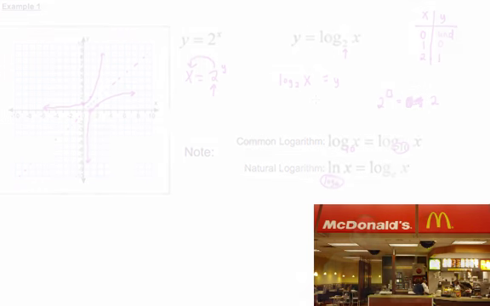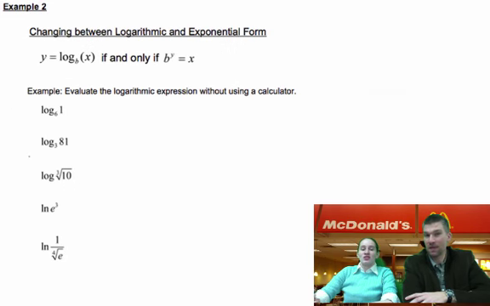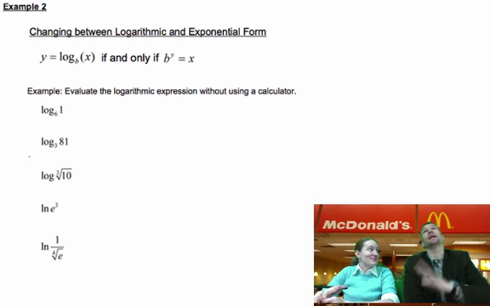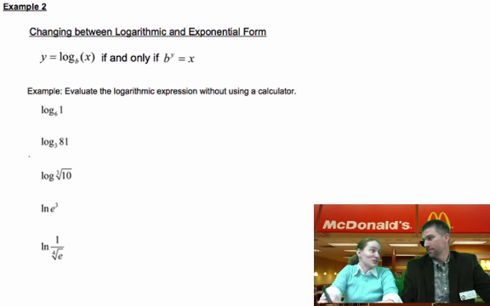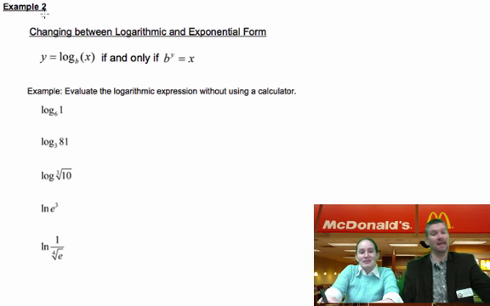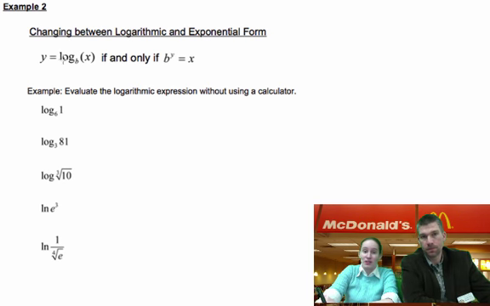Going between logarithmic and exponential form is super handy. I mean, super is not even close. Super duper. I mean, pretty friggin' handy. Because sometimes it's more useful to have something as a logarithm, and sometimes it's more helpful to have it in exponential form.